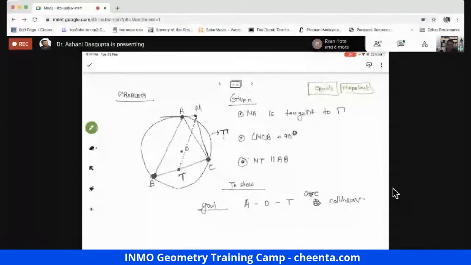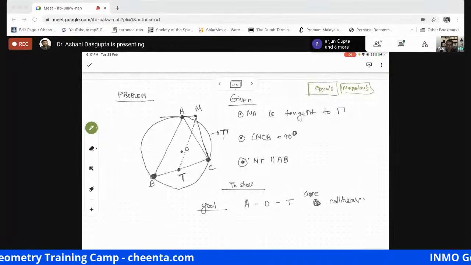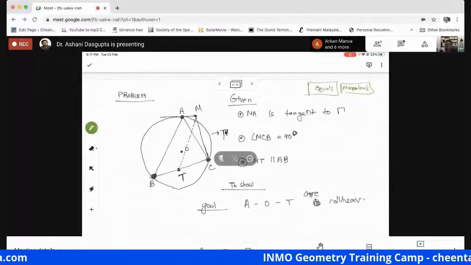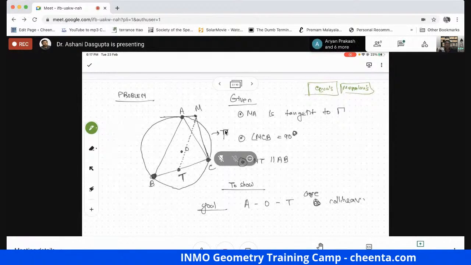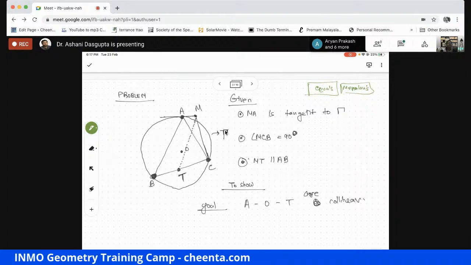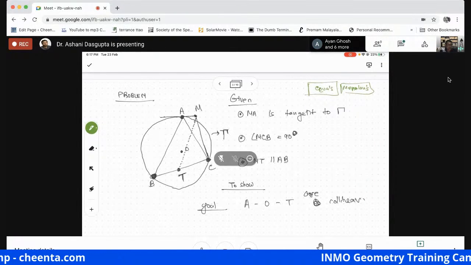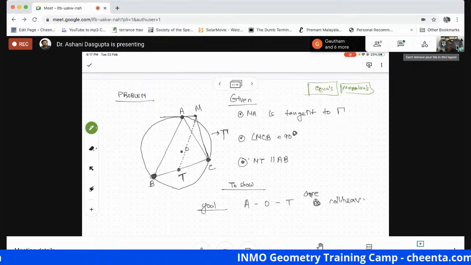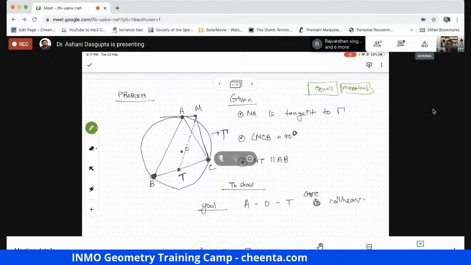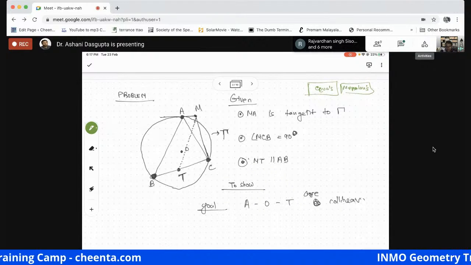I will be discussing them in the next session. But in today's session, we will not use those things. Just to make sure you understand that we are not interested just in this problem. We are interested in the technique that will be used in this problem, because that will be useful in other problems as well.